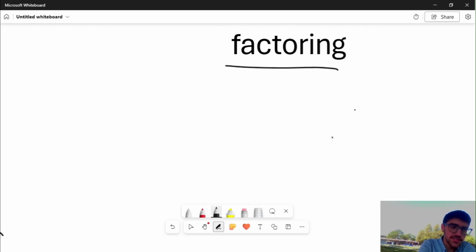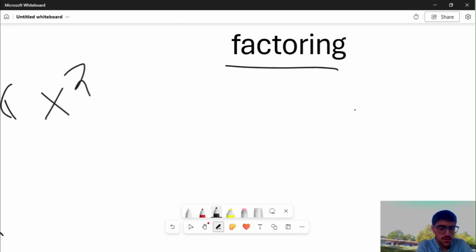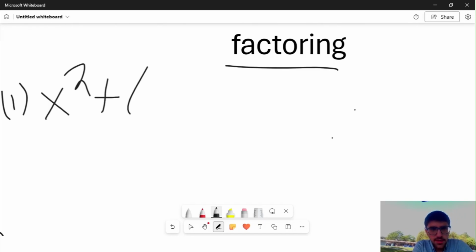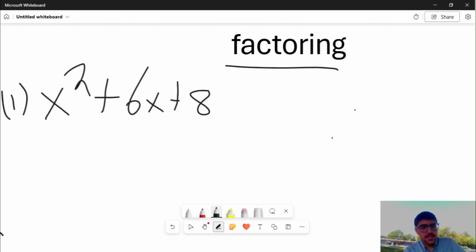So that's going to be my first example. You don't see it because it's technically times 1, but there's a coefficient of 1 right here. So 1 times x squared plus 6x plus 8. That's a good example. When there's no coefficient, what you do is you just think what multiplies to make the c value.